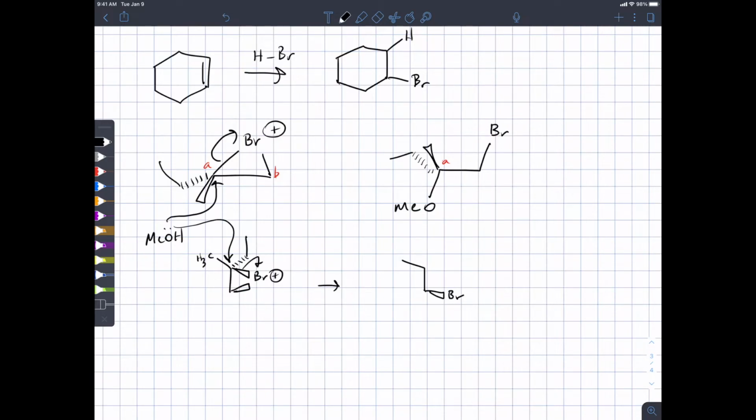Because methanol attacks from the backside, it pushes that ethyl group upward and then ends up there. These two are the same thing. So I think the confusion is, we're a little bit unfamiliar with drawing SN2 reactions in the context of a three-membered ring, but you're just getting inversion of configuration with backside attack. Is that a little clearer?